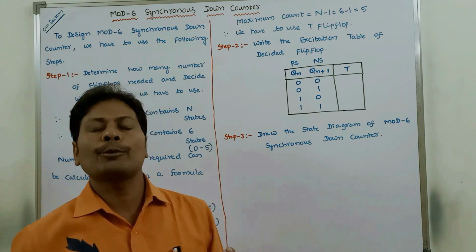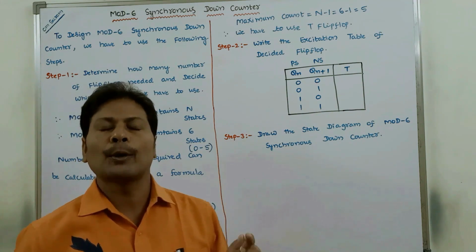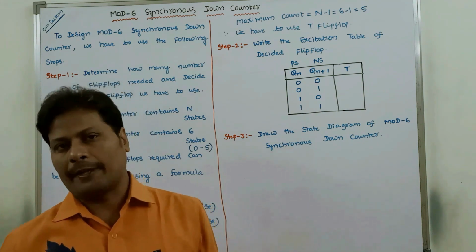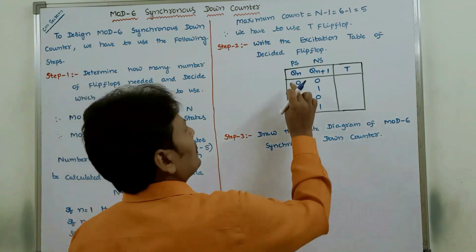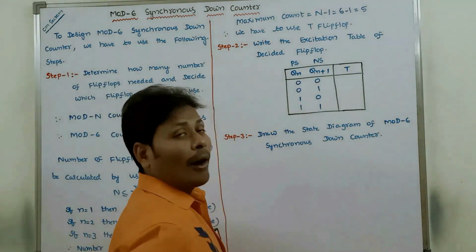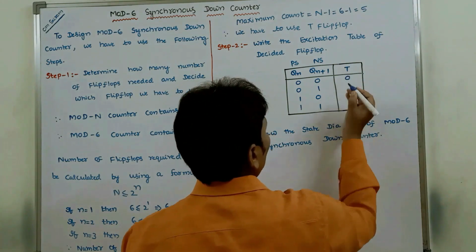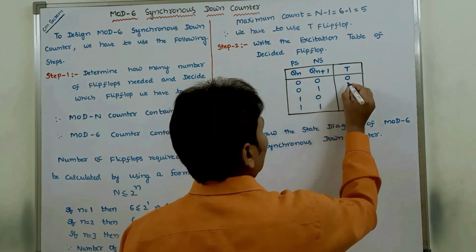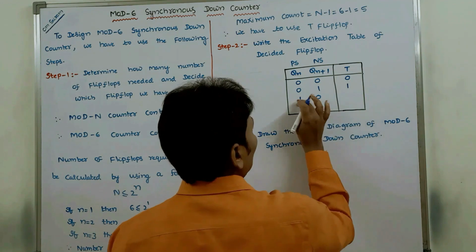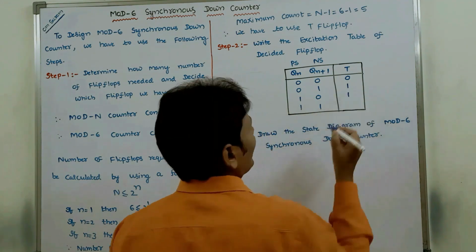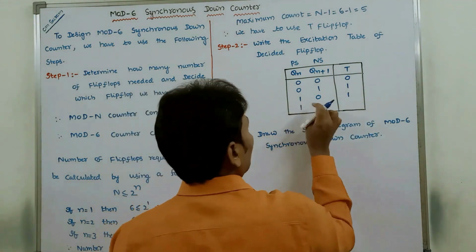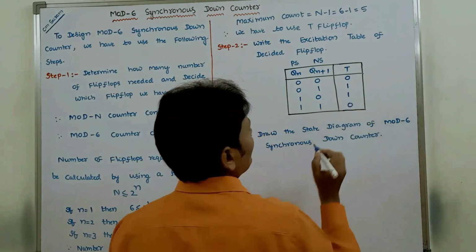T value is equal to 1 when both inputs are different. Both inputs are same, we write 0. Both inputs are different, we write 1. Both inputs are different, we write 1. Both inputs are same, we write 0.